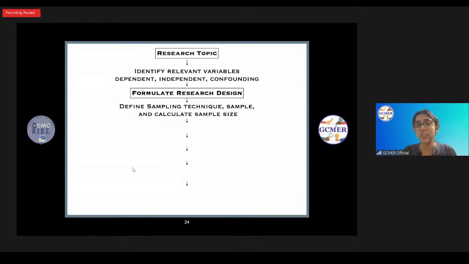But if I need to calculate my sample size, I need to make sure that I understand how many of these people I need to test or include in my research to make sure that my research is generalizable, right? And that has nothing to do with how many people are already there.